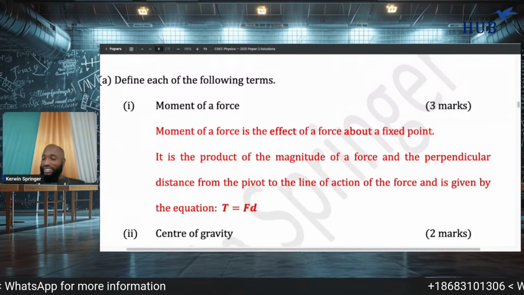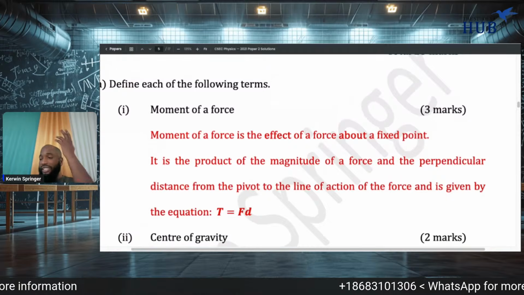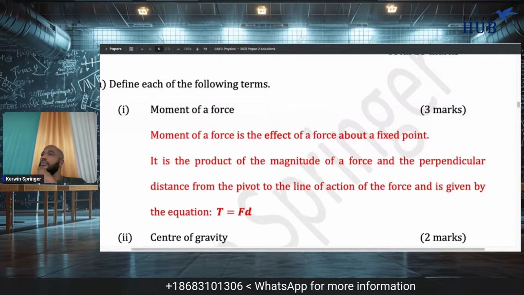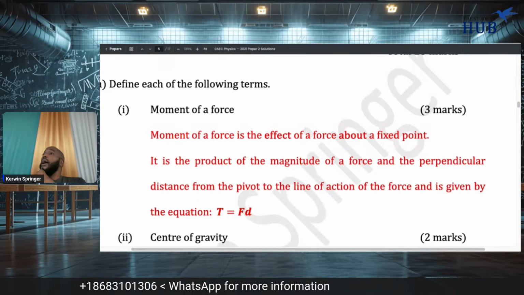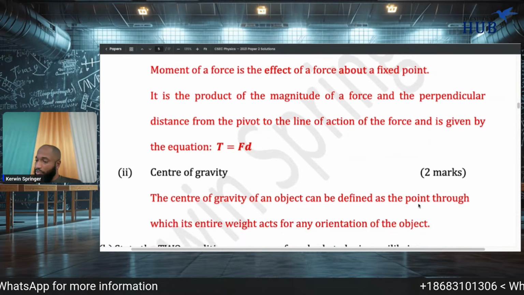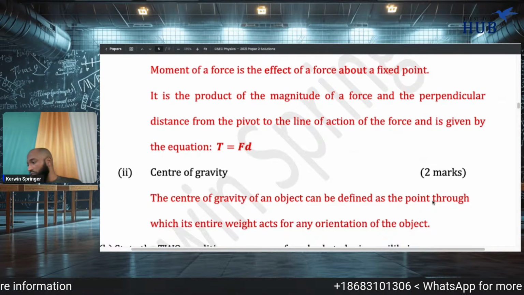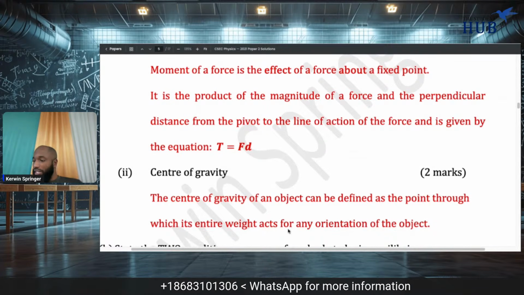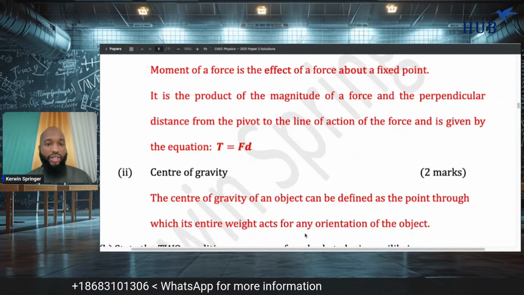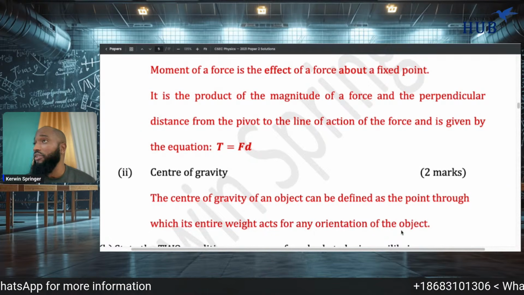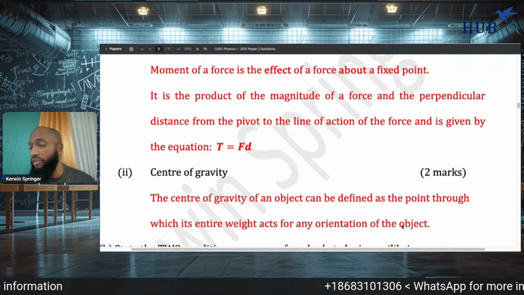Center of gravity. How do you define center of gravity now? The center of gravity can be defined as the point through which its entire weight acts, or seems to act, for any orientation of the object.